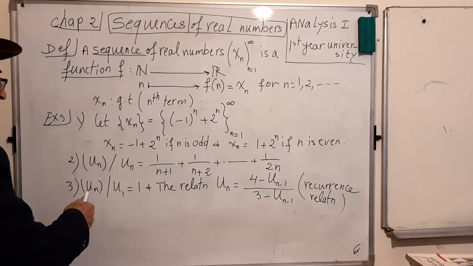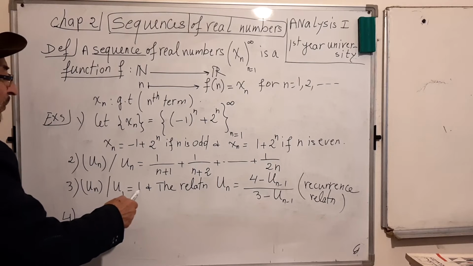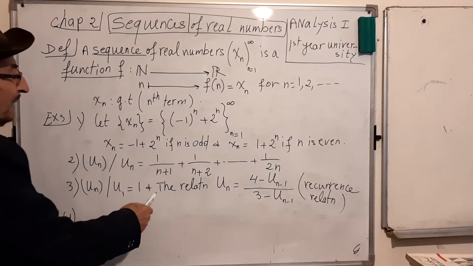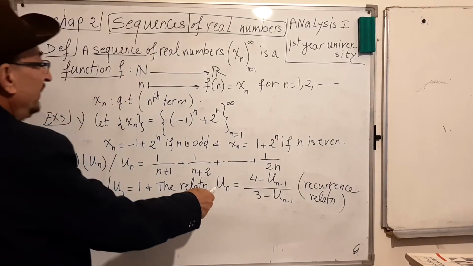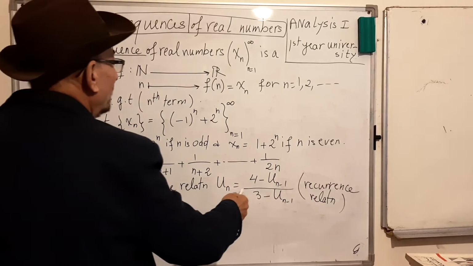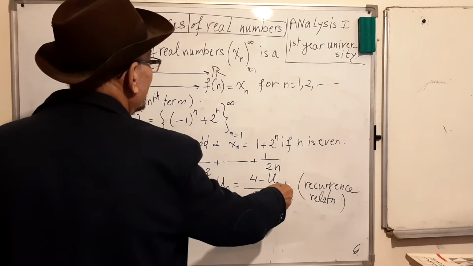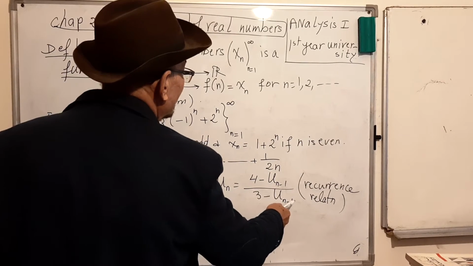Example 3, un such that the first term u1 equal 1 and the relation between un and un minus 1: un equal 4 minus un minus 1 over 3 minus un minus 1.